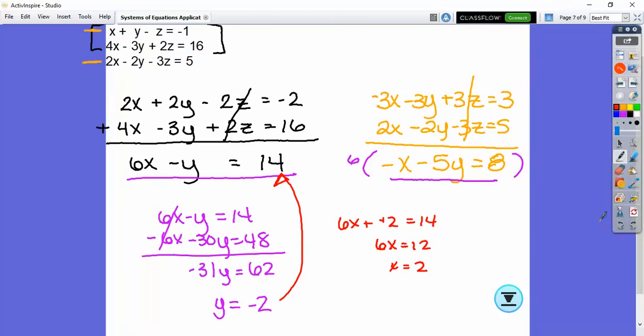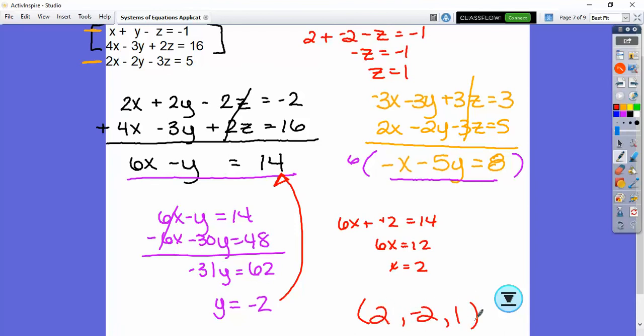Now you have x and y, so you can go to one of the originals and plug those in to get z. So maybe I went with the first one. X is 2, y is -2, so I get -z equals -1, so z is 1. Final answer. We put them as an ordered triplet, just alphabetical order, so x, y, z. So that's 2, -2, 1.